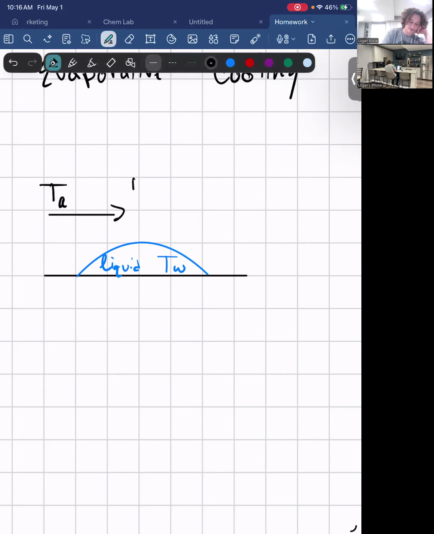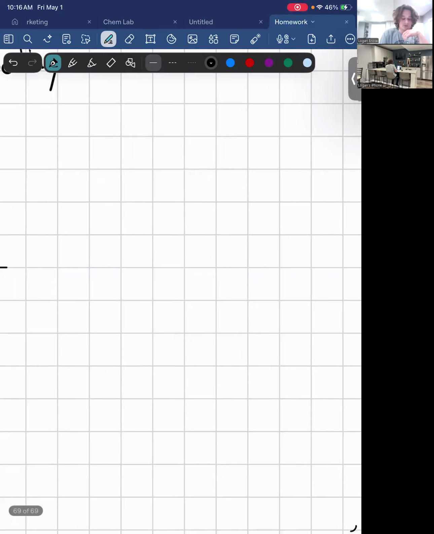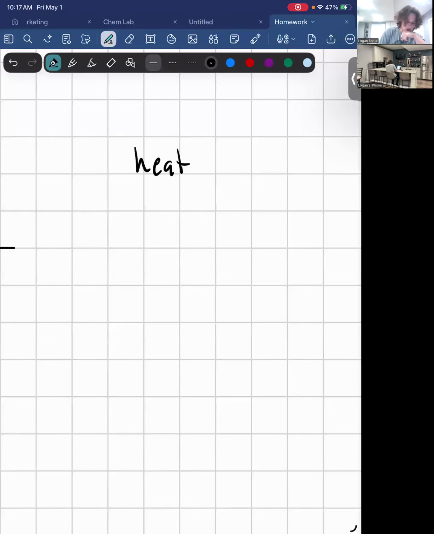What we have here is our Q going into the water. So that's our heat transfer, but then we also have the water going into the air. So that is our mass transfer. And so if we write these equations out, our heat equation is going to be H times our area multiplied by the change in temperature.